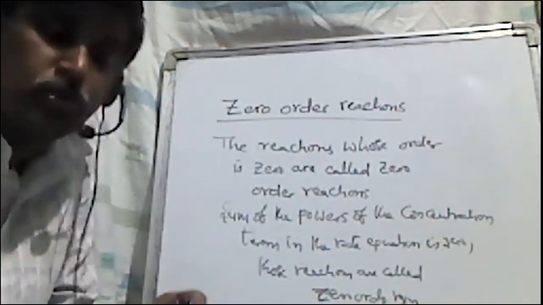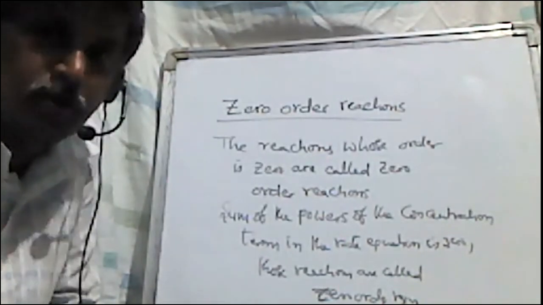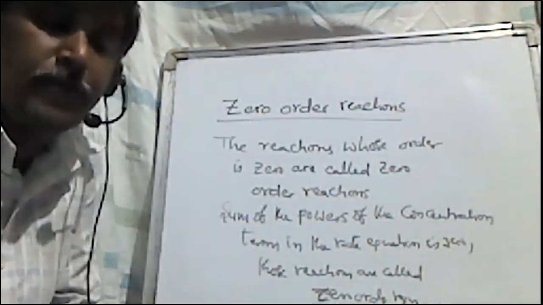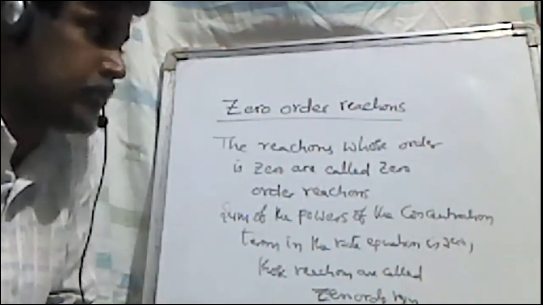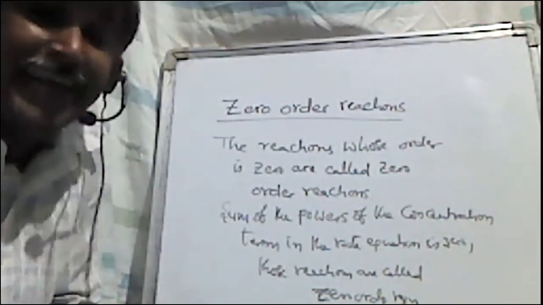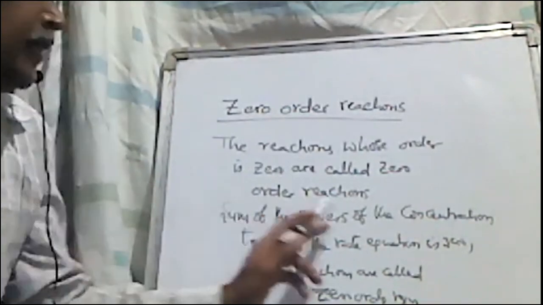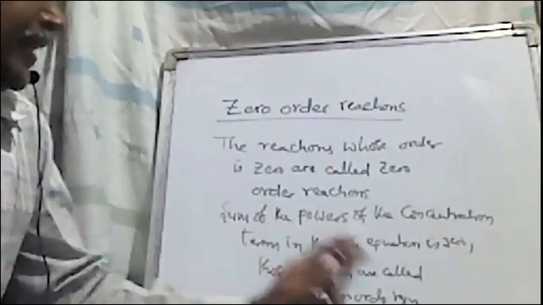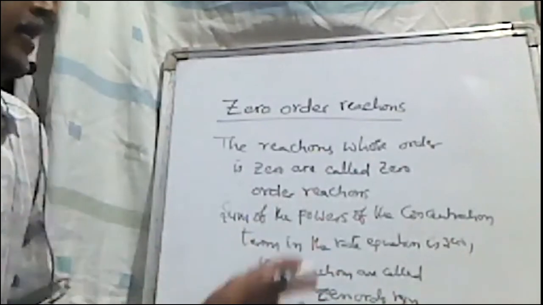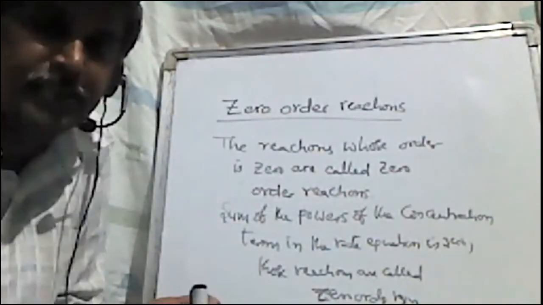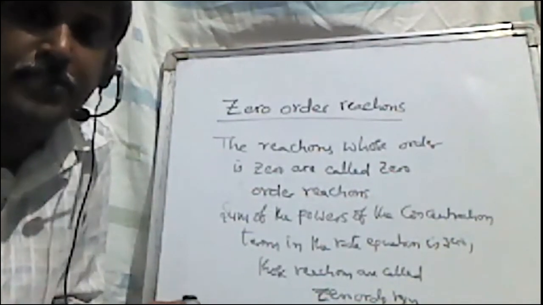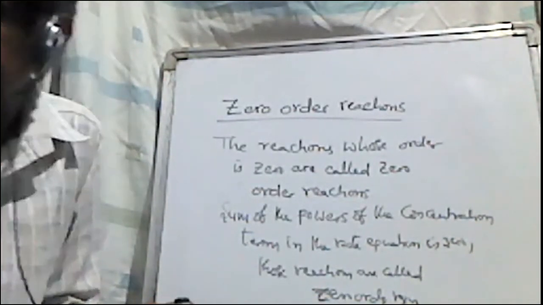So, the reactions whose order is 0 are called zero order reactions, or the reactions for which the sum of the powers of the concentration terms in the rate equation is 0, those reactions we call zero order reactions.